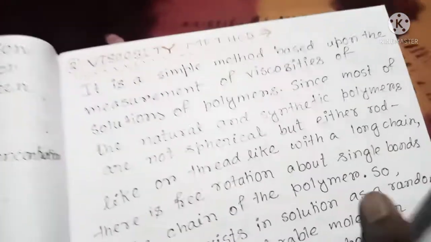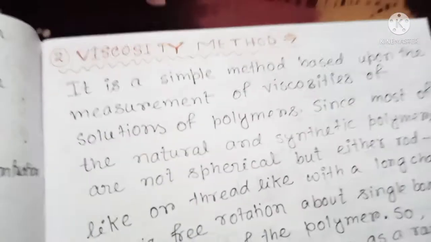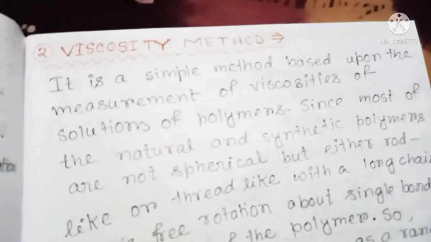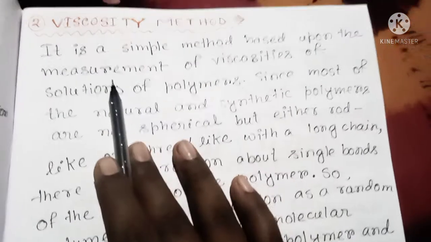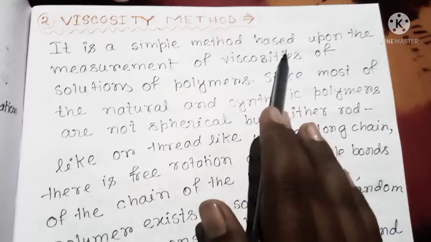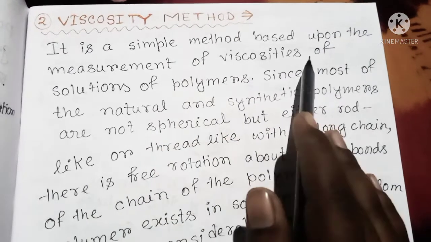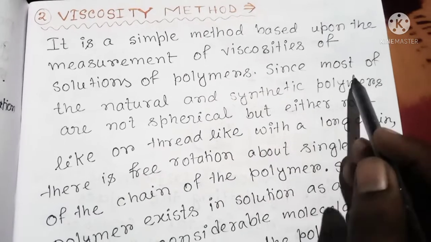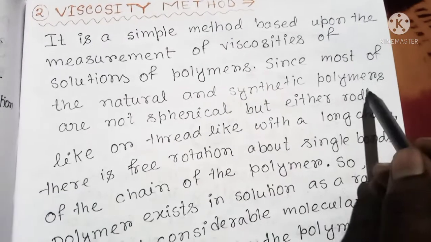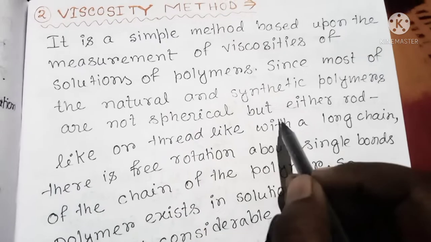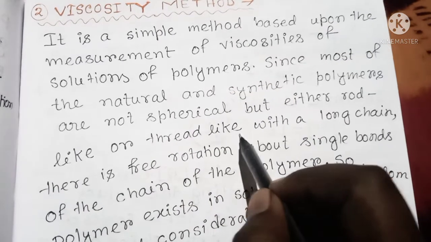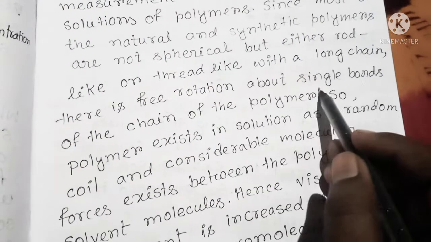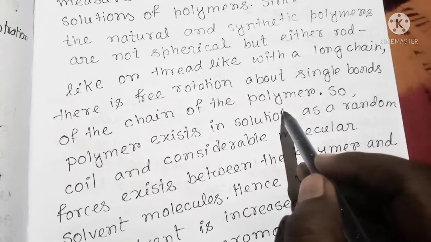Now we are going to our next topic, and the next topic is viscosity method. It is a simple method based upon the measurement of viscosities of solutions of polymers. Since most of the natural and synthetic polymers are not spherical but either rod-like or thread-like with a long chain, there is free rotation about single bonds of the chain of the polymer.